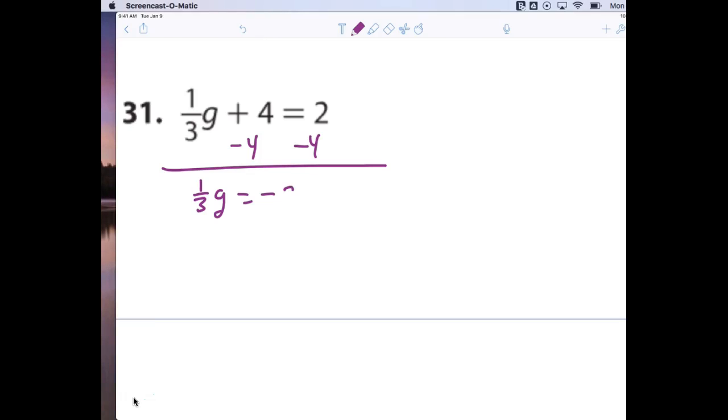Negative 2. Yes, sir. Negative 2. You're good. And now what? Times the reciprocal. Yep. Good. Negative 6, because a negative times a positive is a negative. You good on this now, right? Negative 6.